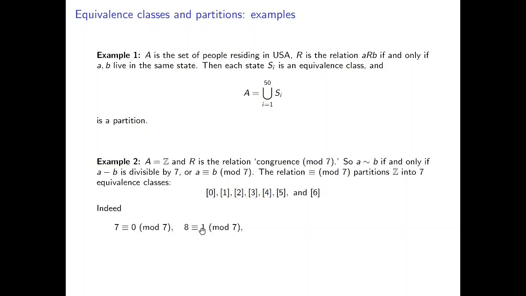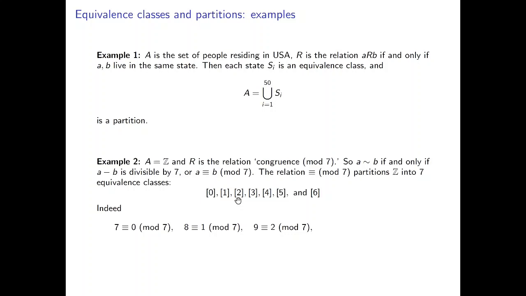If I move on to 8, well, if I look at 8 minus 1, which is already represented here, then 8 minus 1 is 7, which is divisible by 7, and therefore 8 is congruent to 1 mod 7. If I move on, 9 minus 2 is equal to 7, a multiple of 7, so 9 is congruent to 2 mod 7.